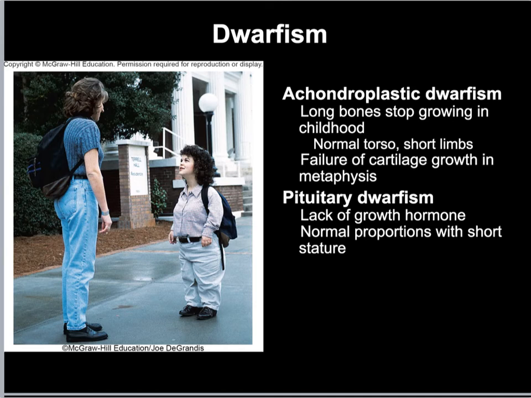So somebody with pituitary dwarfism will have an equal deficit in both the lengthening and widening of the bones. So they will end up smaller because they're doing less growth, but both of their bone growth mechanisms are being stunted, so they end up with normal proportions, just smaller.